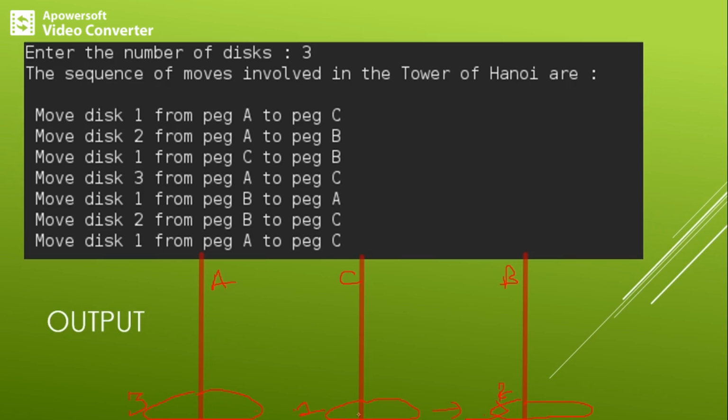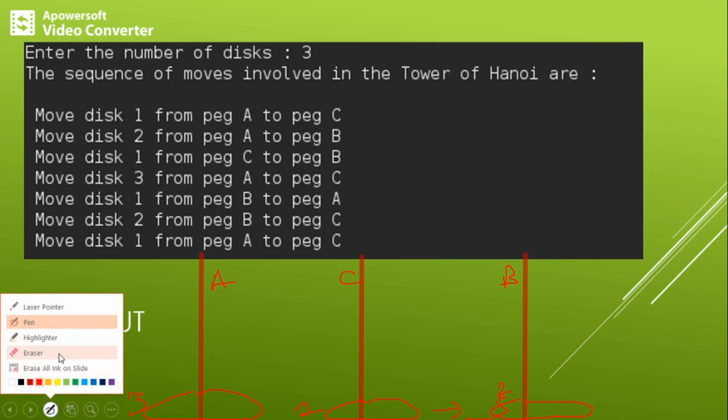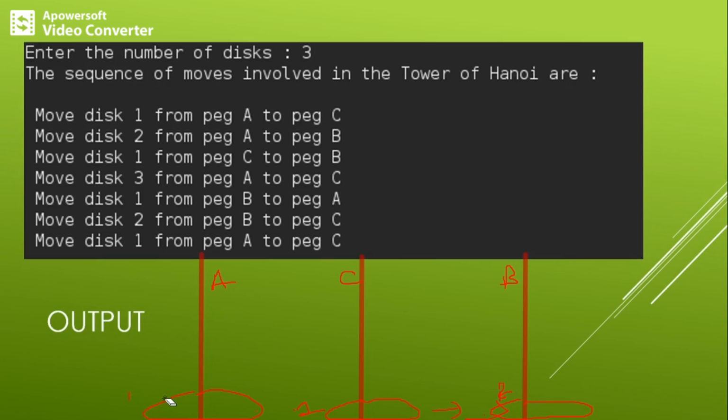Once this place gets vacated, I can move disk 3 from peg A to peg C. So now the bigger one, 3, is here. Next it is 2.